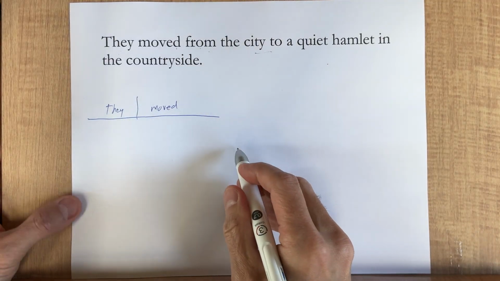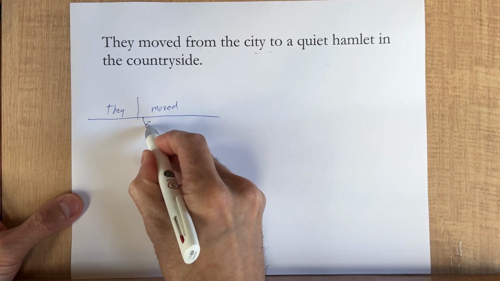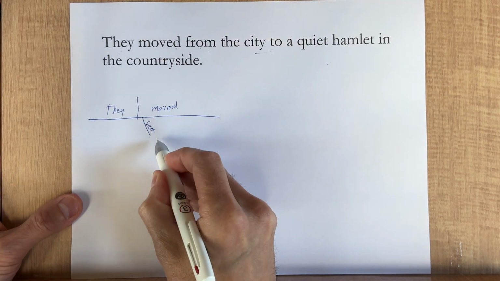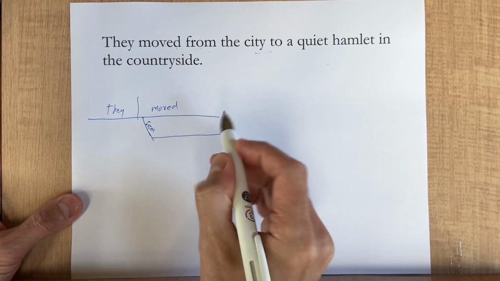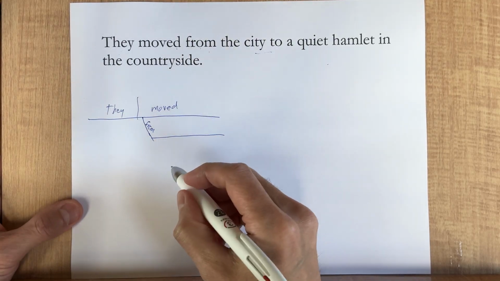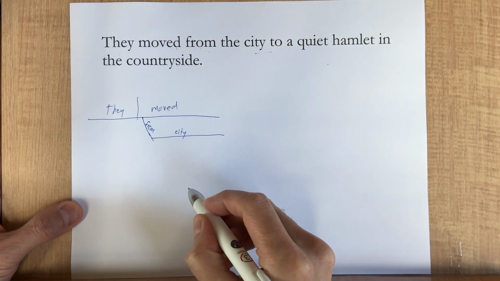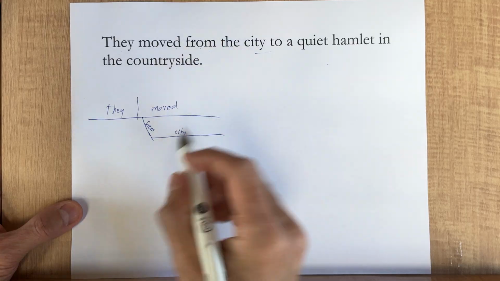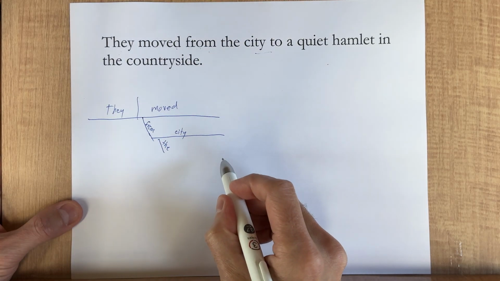All right. So then we said from is a preposition. And the object that it's referring to is city. And the, be off of here, the city.